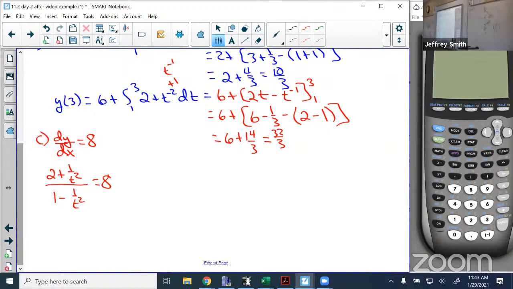Here's how I would do it. Well, maybe this is better. 2 plus 1 over t squared is equal to 8 times 1 minus 1 over t squared. Maybe we do this. There's a couple ways to do this. How about 2 plus 1 over t squared is equal to 8 minus 8 over t squared.